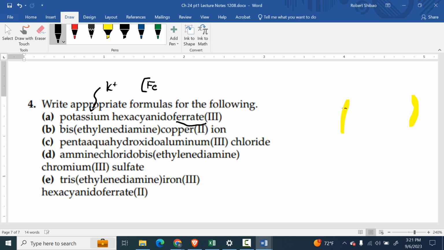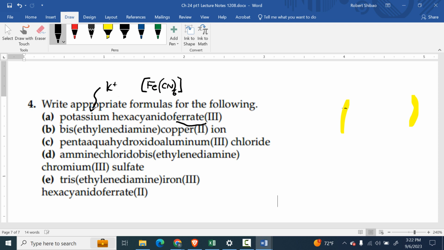Fe, which is iron. So we'll write the iron first. And then hexacyanido. Hexacyanido is 6 what? CNs, 6 cyanides.